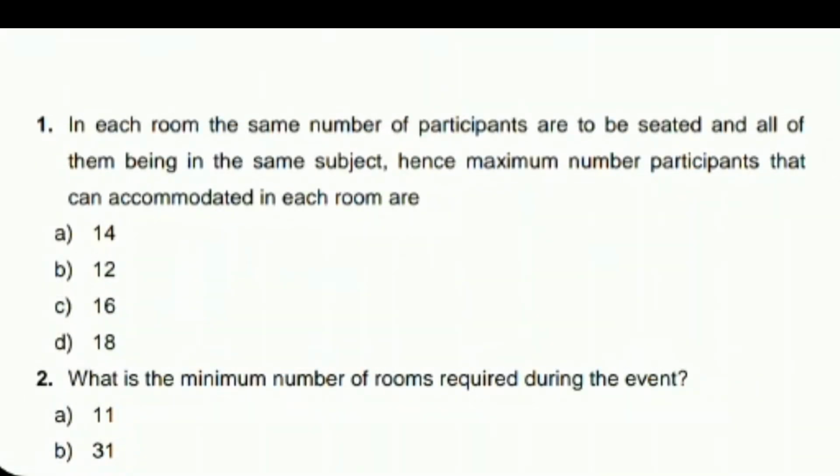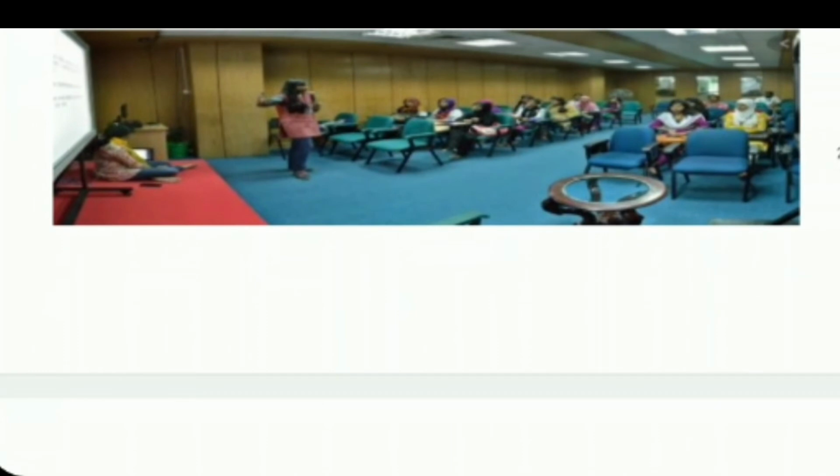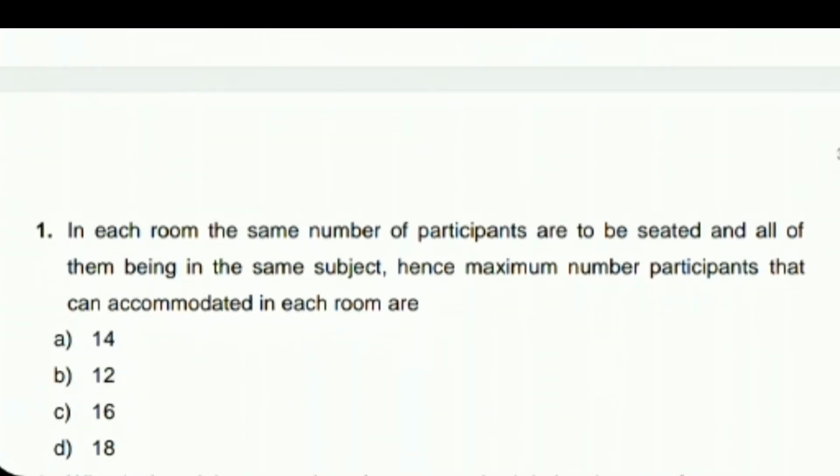Now you have been given 60, 84 and 108. In this case, you don't have to find a multiple. You don't have to find which number is going to be a common multiple of these. Instead, you need to break 60 in such a way that an equal number of participants can sit in different rooms.